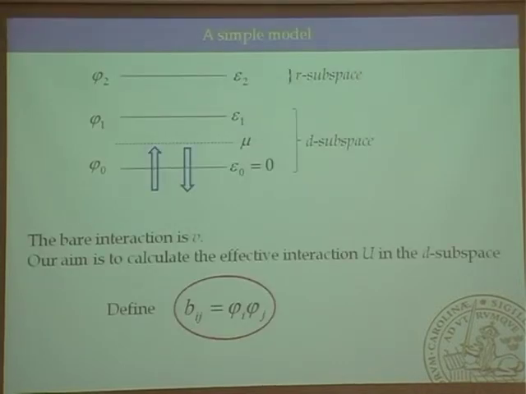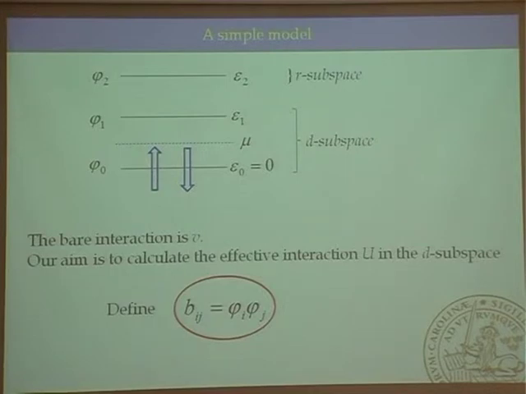So before showing some results for real systems, I would like to consider a very simple model to describe how exactly we actually do the calculations. This is a very simple model, but nevertheless it illustrates in a realistic way how we actually do the calculations. I consider a very simple model with just 3 levels.